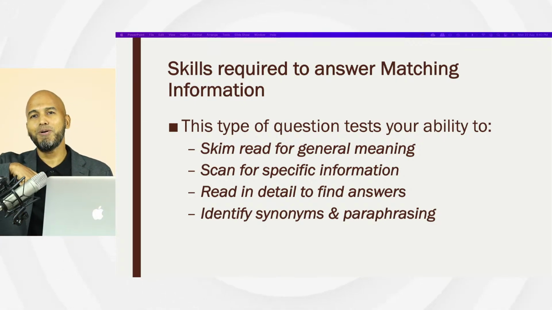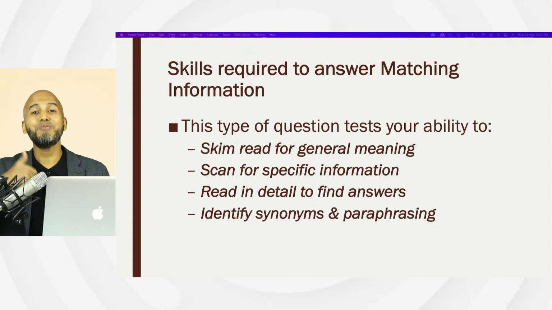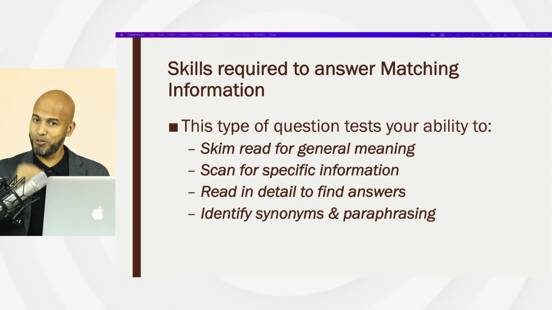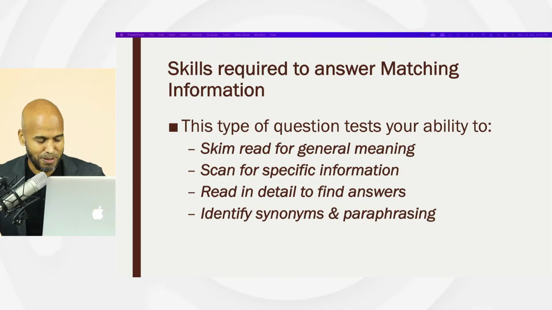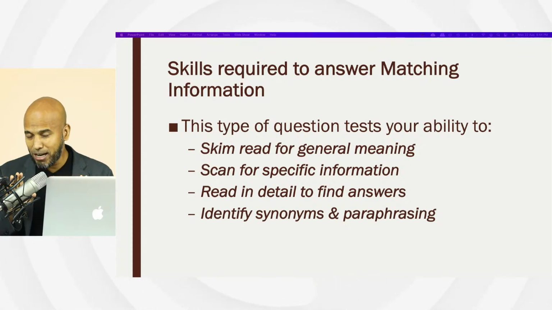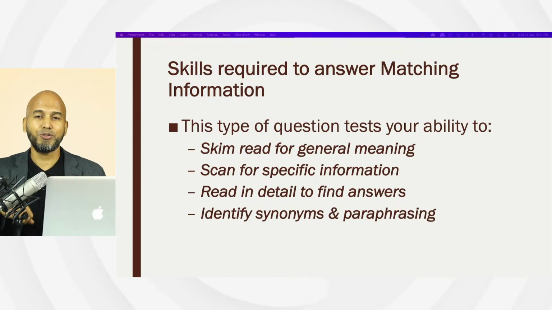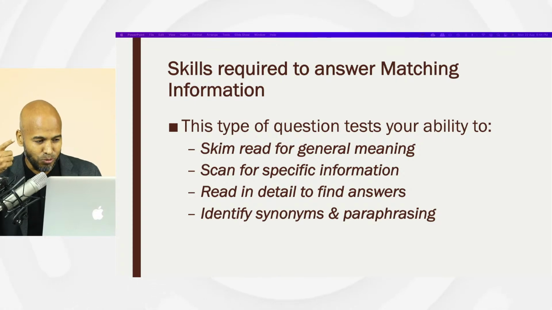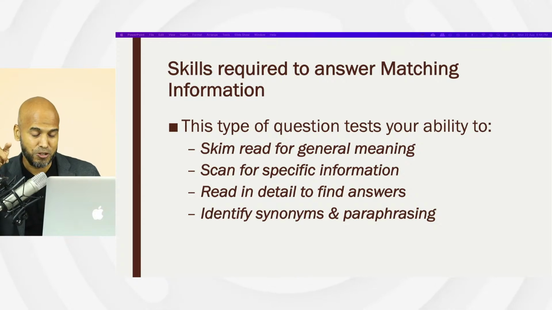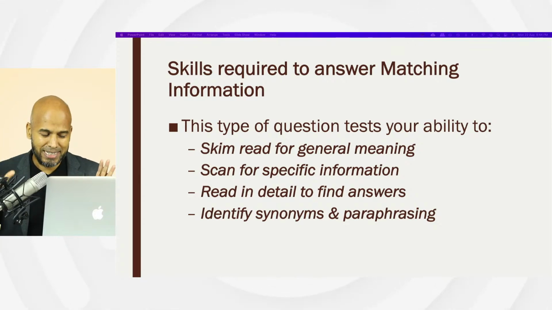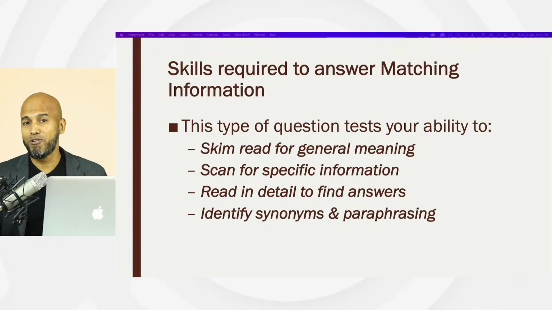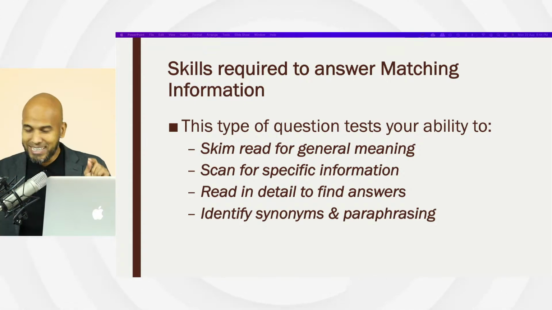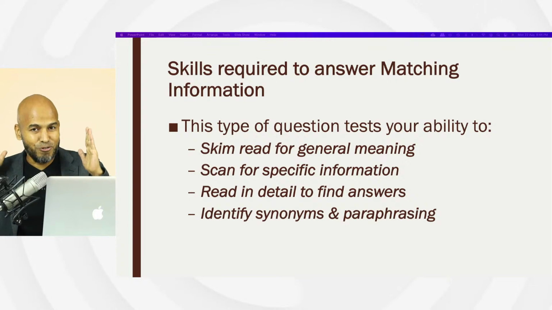If you complete 1 step, you might be wrong, but you have to do the first step. The second step is to scan for specific information. So you have to do both skimming and scanning, and read in detail to find answers. And of course, identify synonyms and paraphrasing. And finally, you can find the right answer.